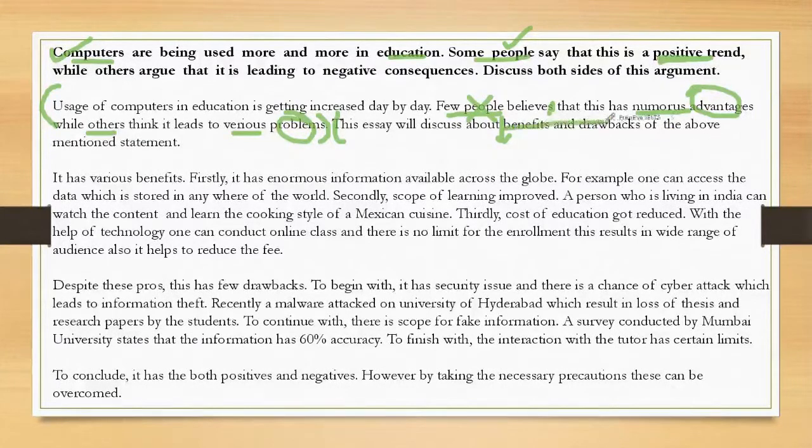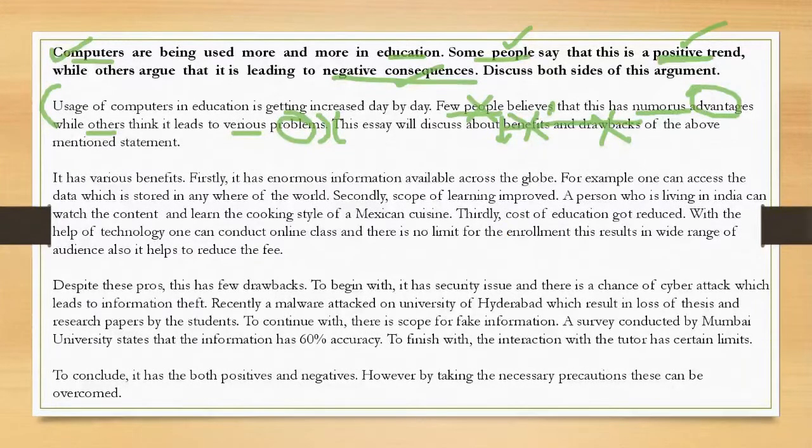You don't have to repeat yourself. You don't have to write benefits, drawbacks again and again. That's kind of repeating yourself. You can simply say this essay will discuss both the perspectives. When we're saying both the perspectives, we mean both positive trends and negative consequences. We'll be discussing both the perspectives.